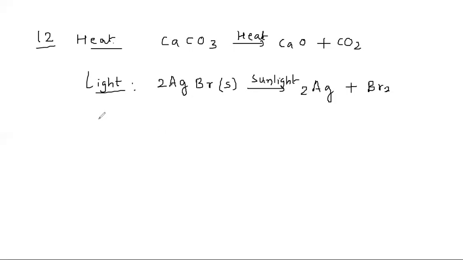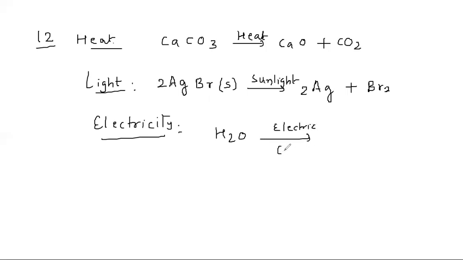And then the next one is electricity. So we can take an example like electrolysis of water. So H2O, when electric current is passed through it, it gives H2 plus O2. We can balance it by putting 2 here and 2 here.